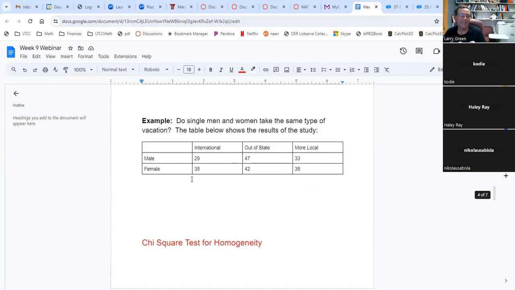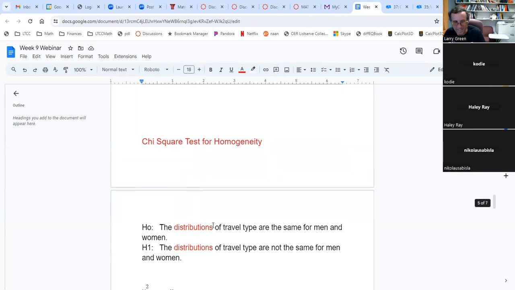So now we're going to say the distributions, because now we have two different distributions, travel type and gender, and we don't know either of them. So we say the distributions of travel type are the same for men and women. And H1, the distributions of travel type are not the same for men and women.